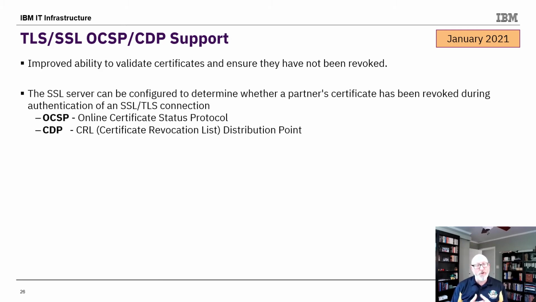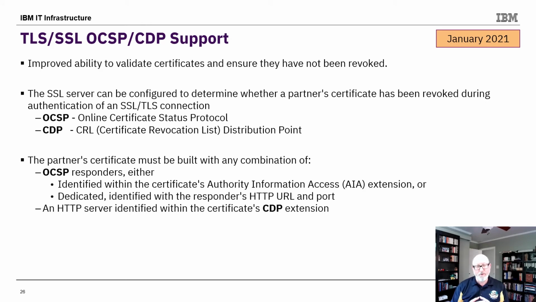And so those acronyms deal with essentially new protocols in dealing with certificate validation, right? And so two of these that are out there, one of them is actually an acronym of an acronym, right? CDP. And what these will allow you to do is, if you have certificates that are built with these, we'll do additional validation that comes into play there. So it gives you that added security.